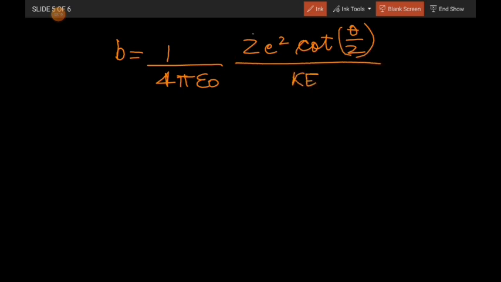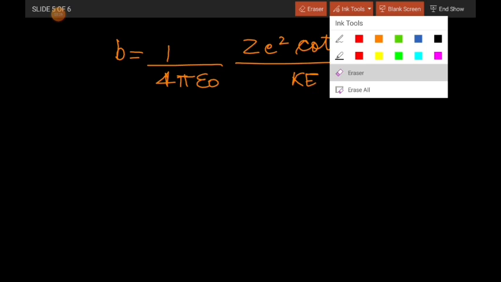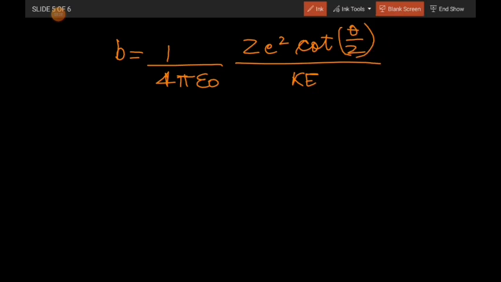Here Z is the charge of the nucleus, and E is the same that we have already discussed, the charge on the alpha particle. This value cot theta by 2 has been put in the formula, and we also have the kinetic energy. This kinetic energy is of the alpha particle. So this is the formula of the impact parameter.